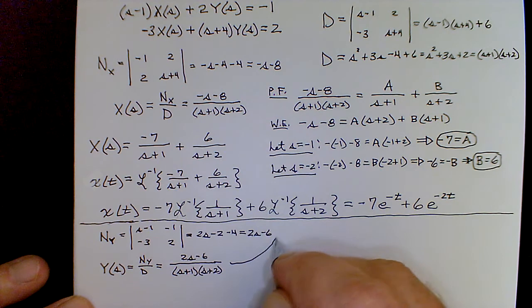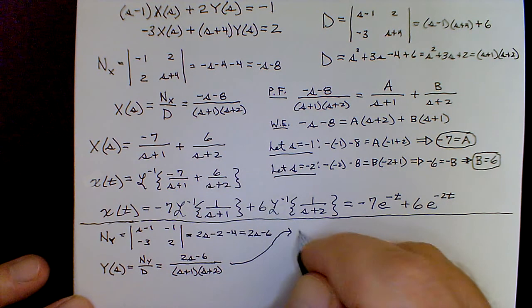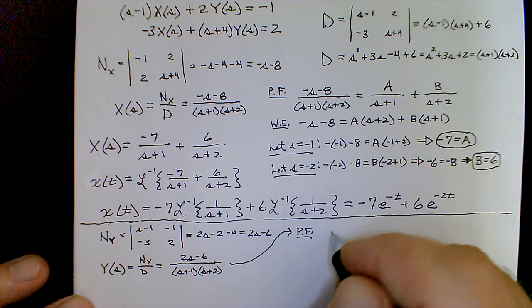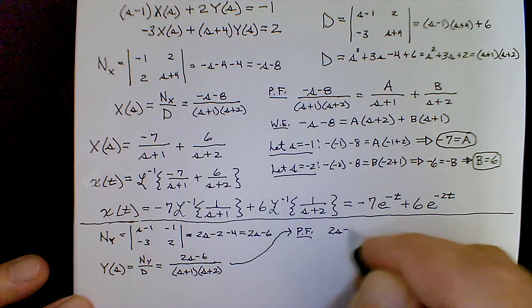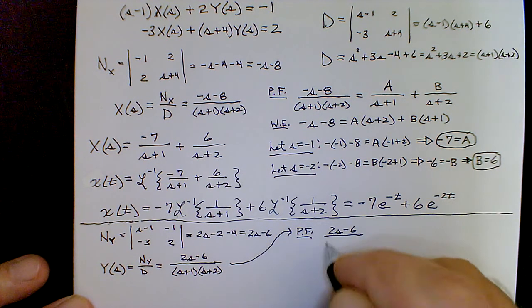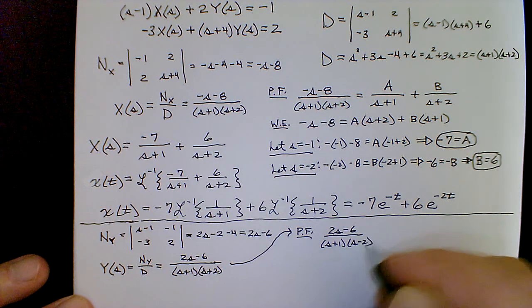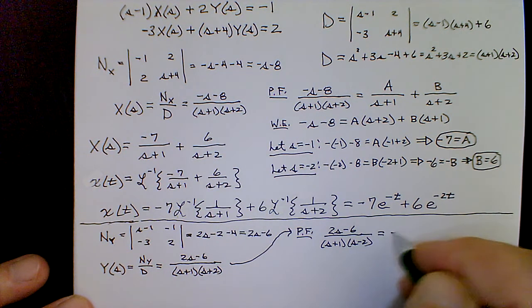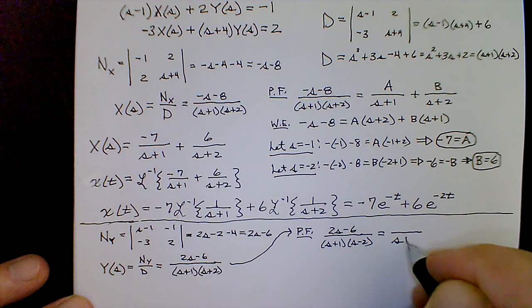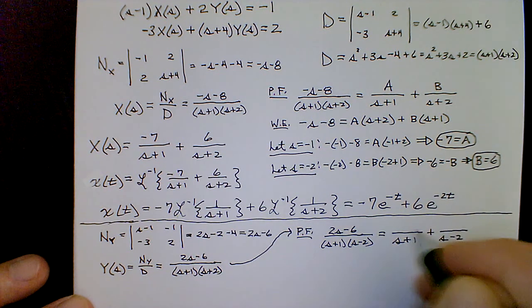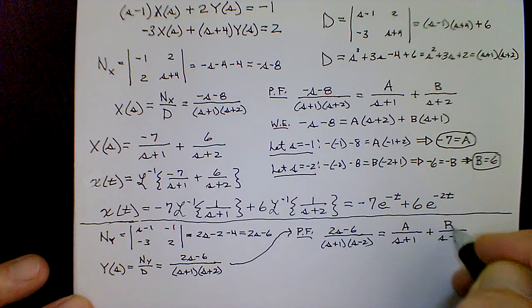So let me bring it up here so I don't run out of room. So we get 2s minus 6 over (s plus 1)(s minus 2) equaling, okay, two fractions again, one with s plus 1, one with s minus 2. They're both linear, so therefore constants.